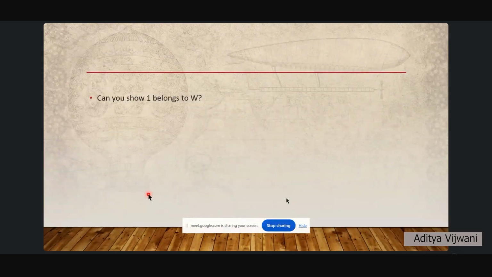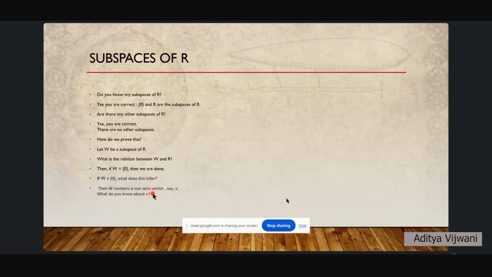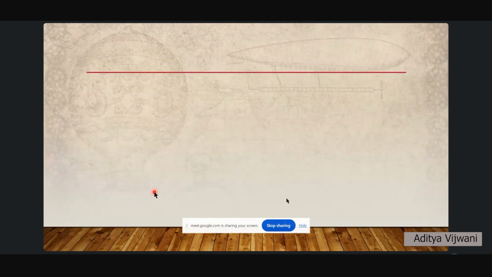Now, can you show that 1 belongs to W? Remember, I have taken V to be my non-zero vector, and W is a subspace.